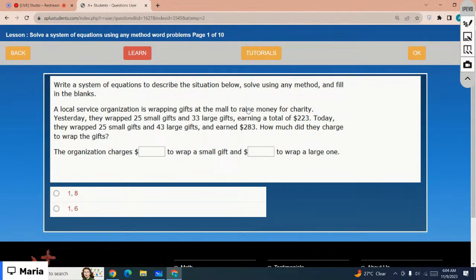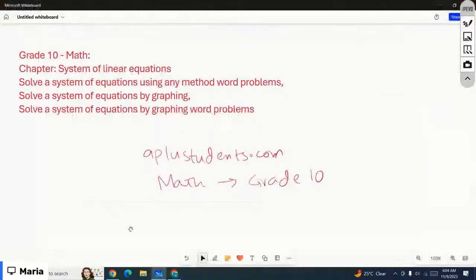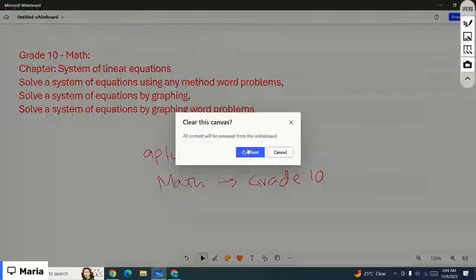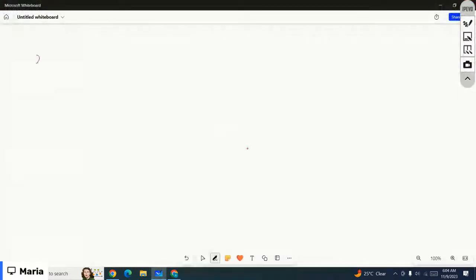Okay, so basically we are given the word problems. We have to write down the equations and solve using any method, right? So for example, we are going to use x for the small gifts and y for the large gifts. So the equations would be 25x plus 33y equals 223.